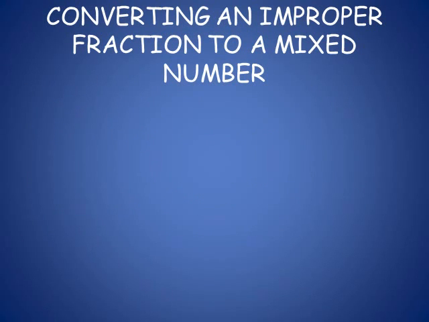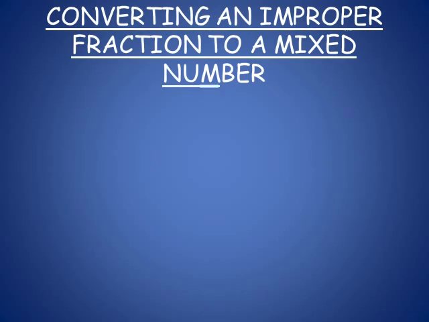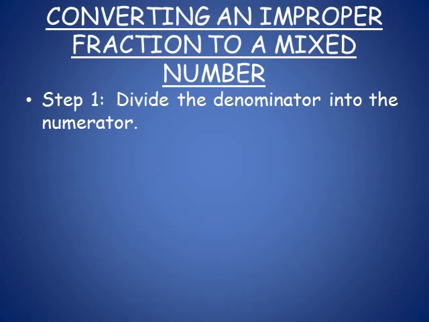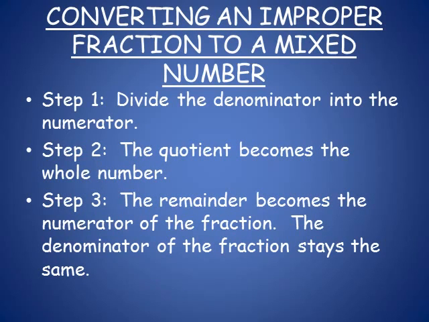Now, converting an improper fraction to a mixed number. So we're going to learn how to do this. Step 1, we're going to divide the denominator into the numerator. Step 2, the quotient, the number that you get on top when you divide, becomes the whole number.